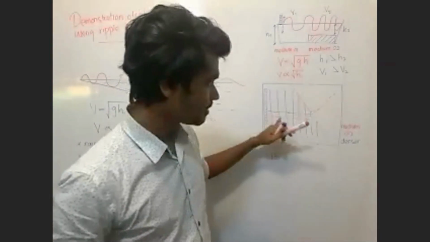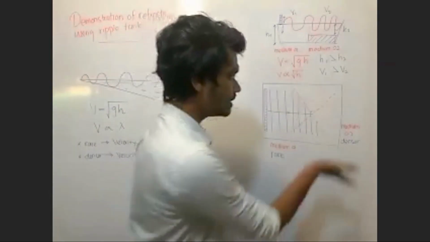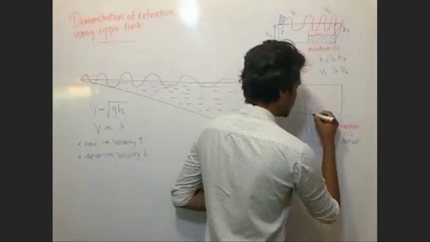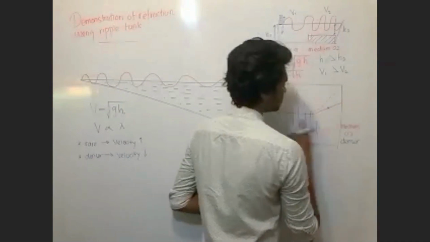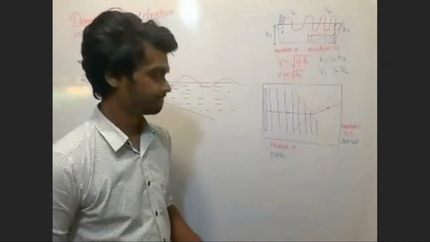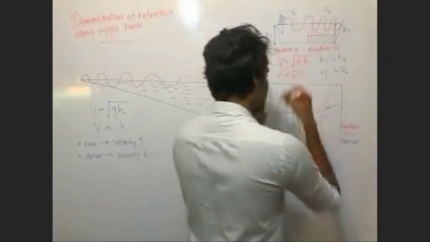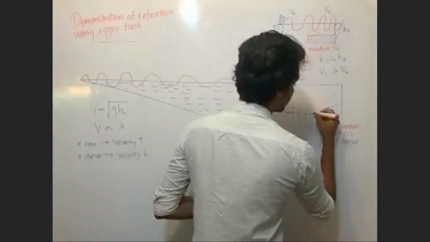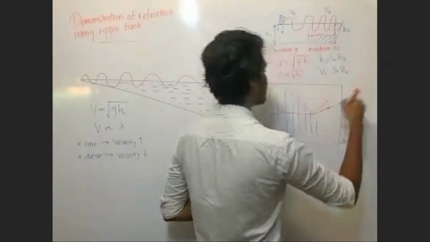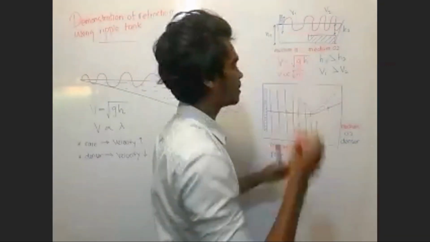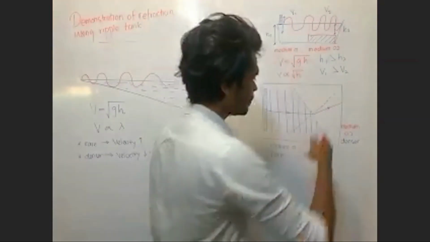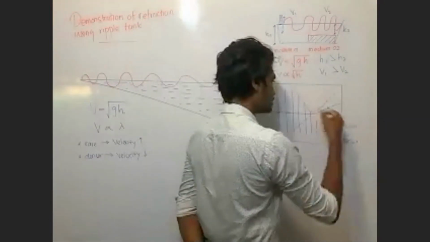When the incident ray moves from rare to denser, it will deflect towards the normal. Right? Therefore, the refracted wavefronts will be perpendicular to this wave.